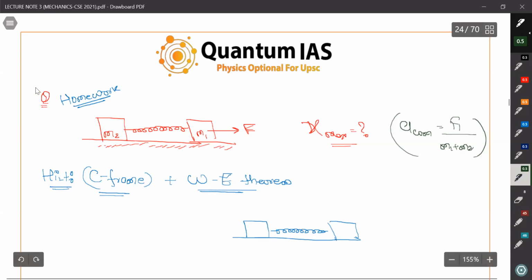I just want to make you brainstorm on this question. So what is the acceleration A here? F, not F1, F upon m1 plus m2. So the center of mass is non-inertial here.